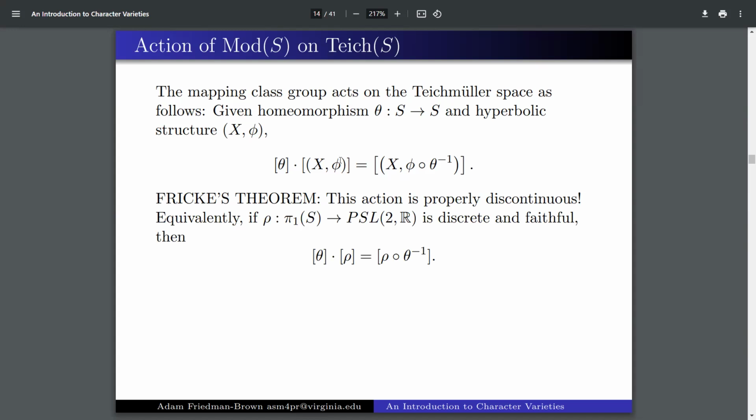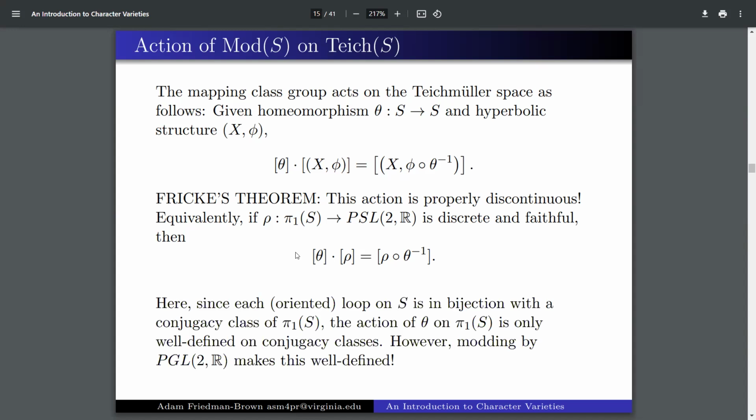And so just an equivalent way to define the action is because instead of this being a Teichmuller space point, we could have a discrete and faithful representation instead. And the way some homomorphism acts on that representation is, again, by precomposition. It works the same way. But this is a way more generalizable type of action.